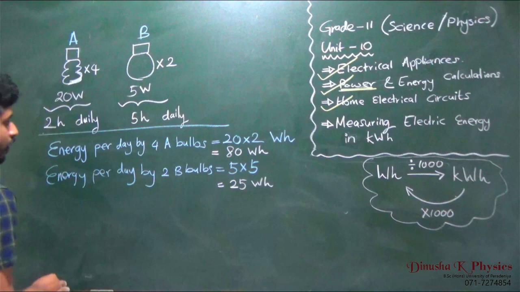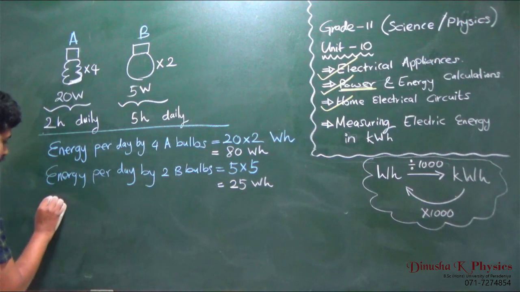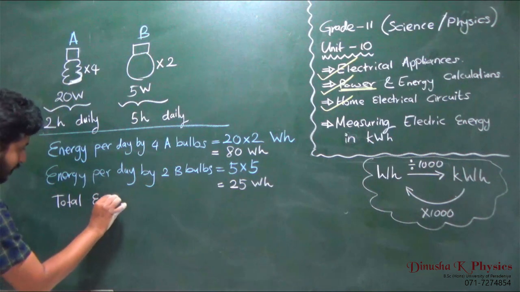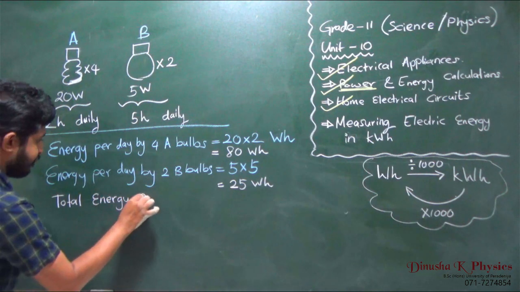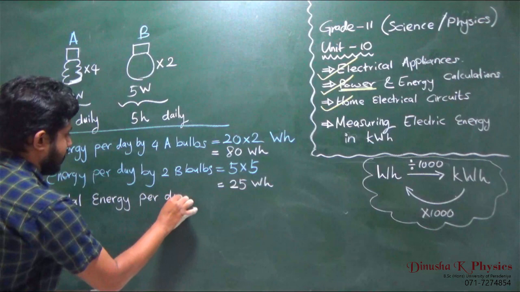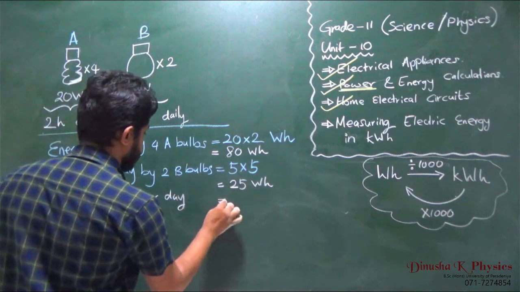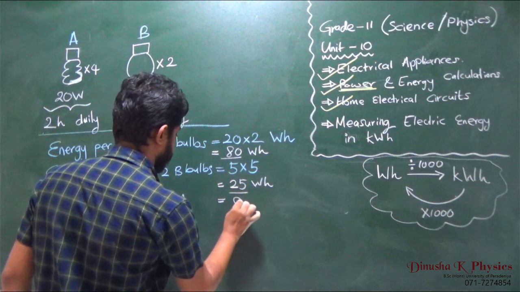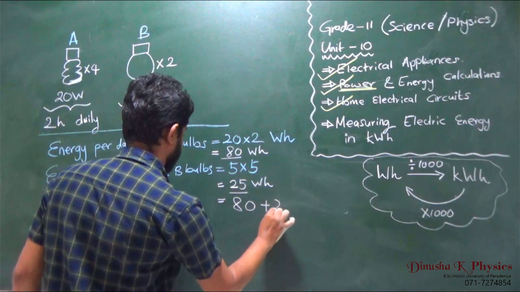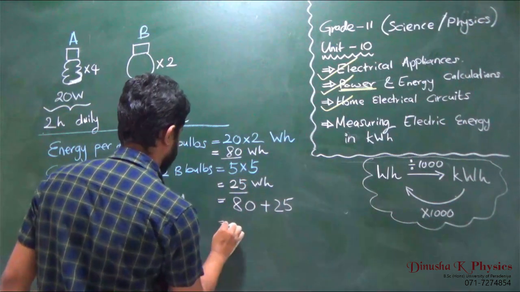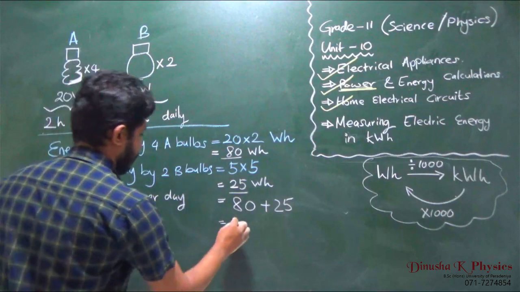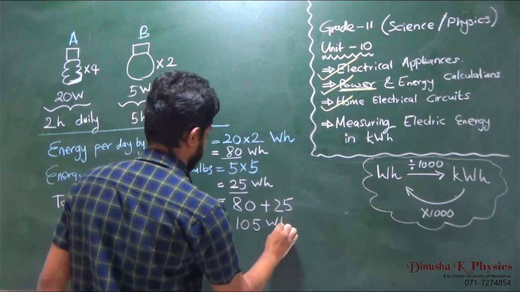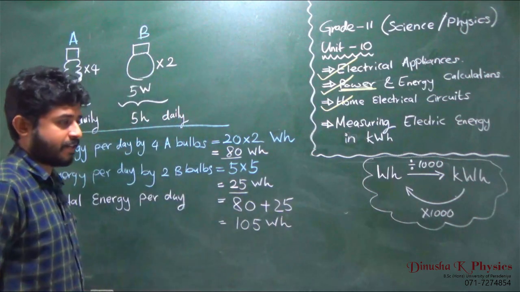So total energy per day. Let's calculate the energy consumption per day, that is the sum of these two, which will be equal to 105 watt hours.